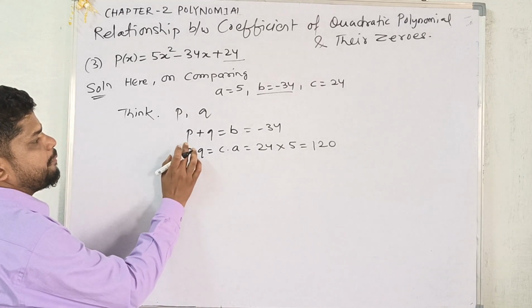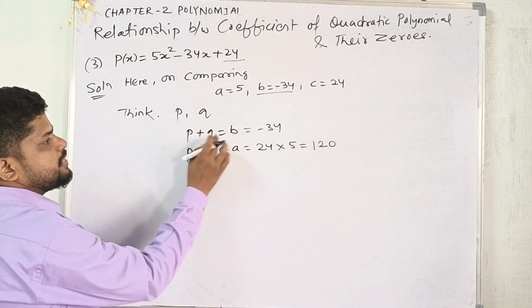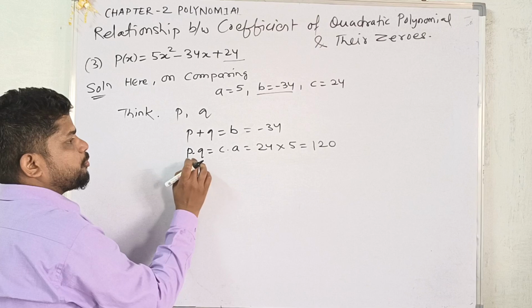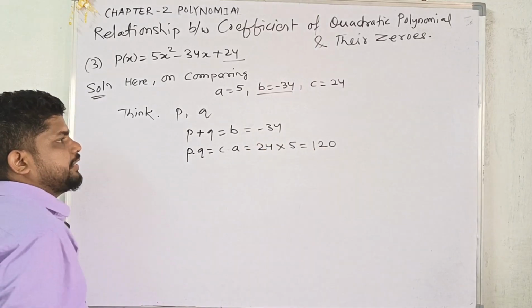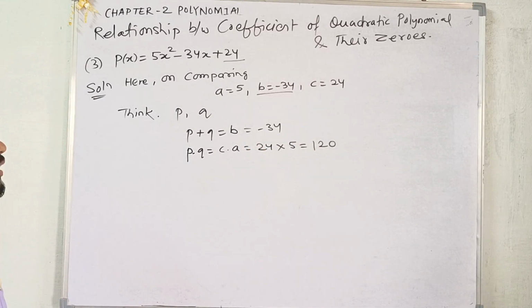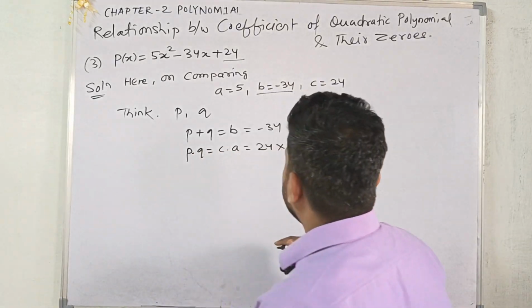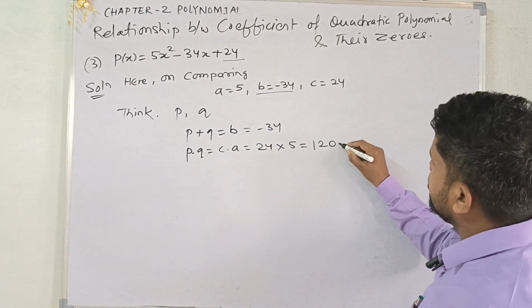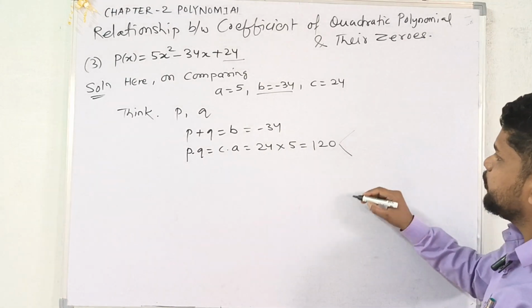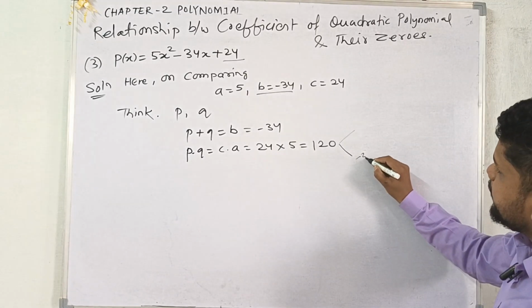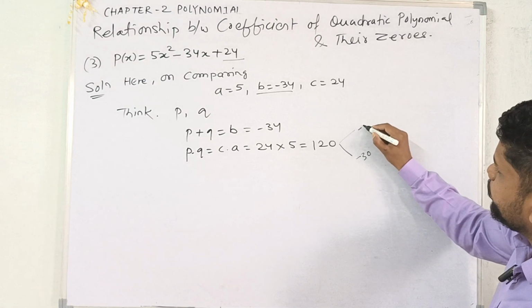Now by hit and trial method, try to think about the value of P and Q. I can write this 120 as the product of minus 30 and minus 4.